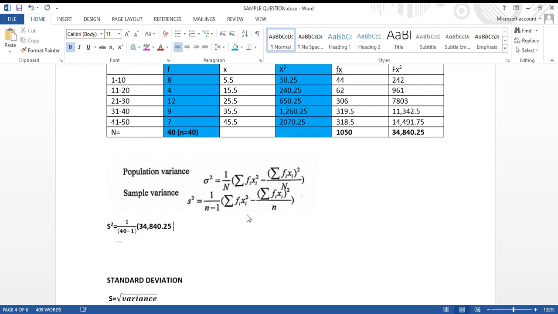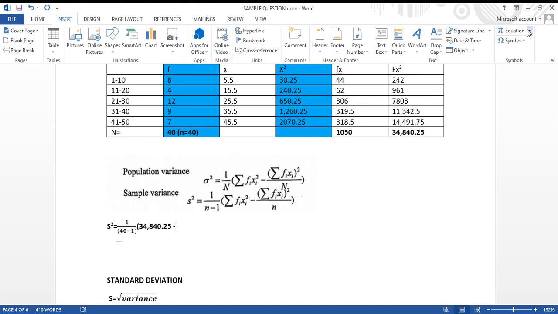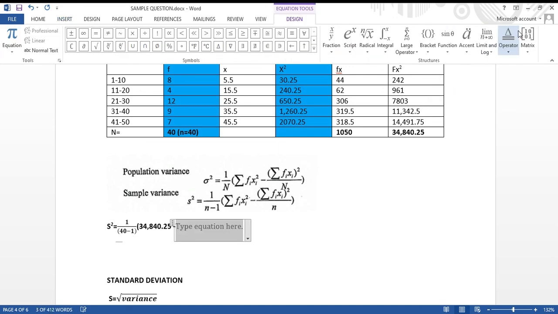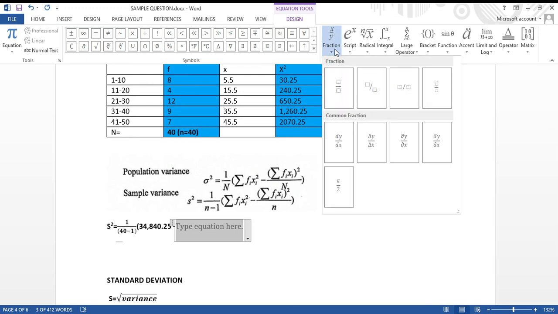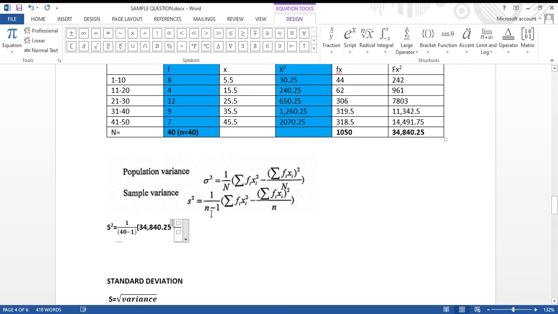So we say 34,840.25 minus the square of the summation of f times x, which we got as 1050 there.